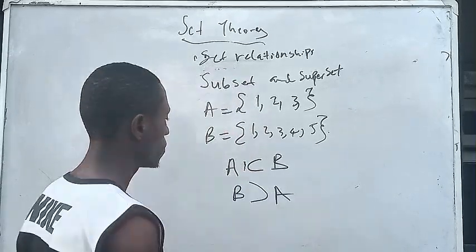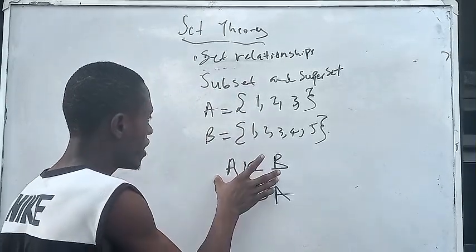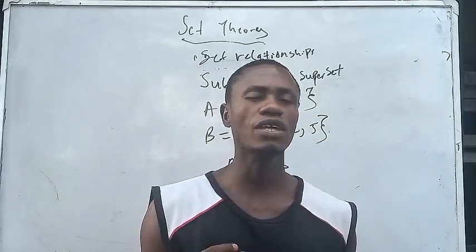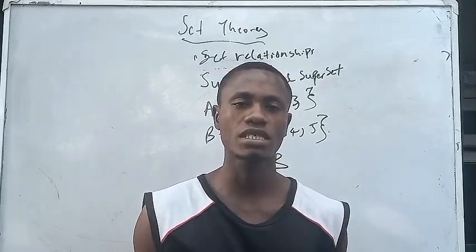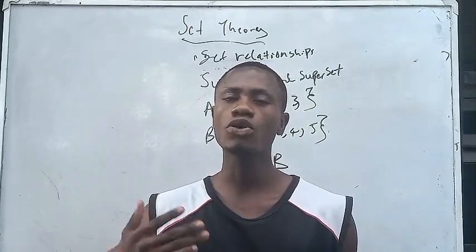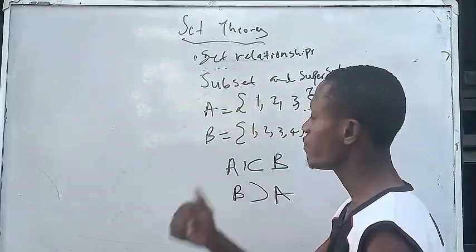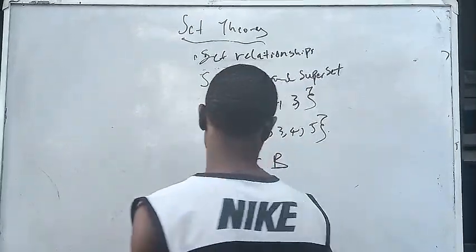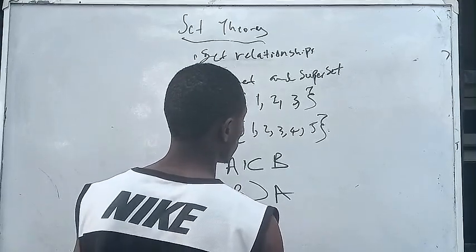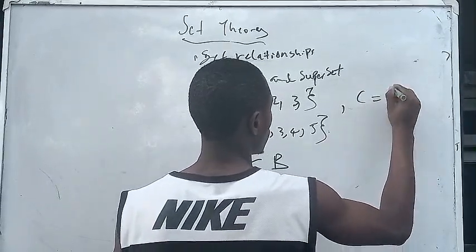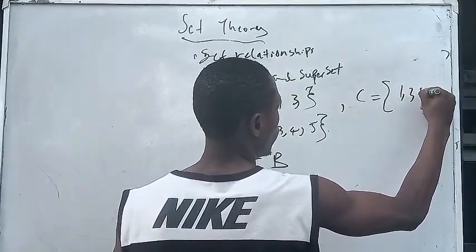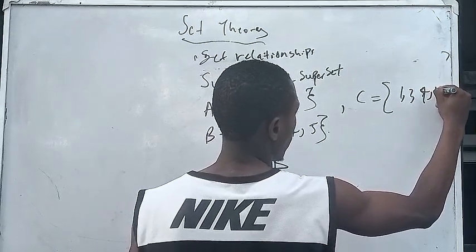Alright. So now another relationship here is there's something called proper subset. What do you mean proper subset? That means all the elements found here, this guy had derived from here. So let's take another set. Let's call this set C, such that set C is 1, 2, 4, 10.